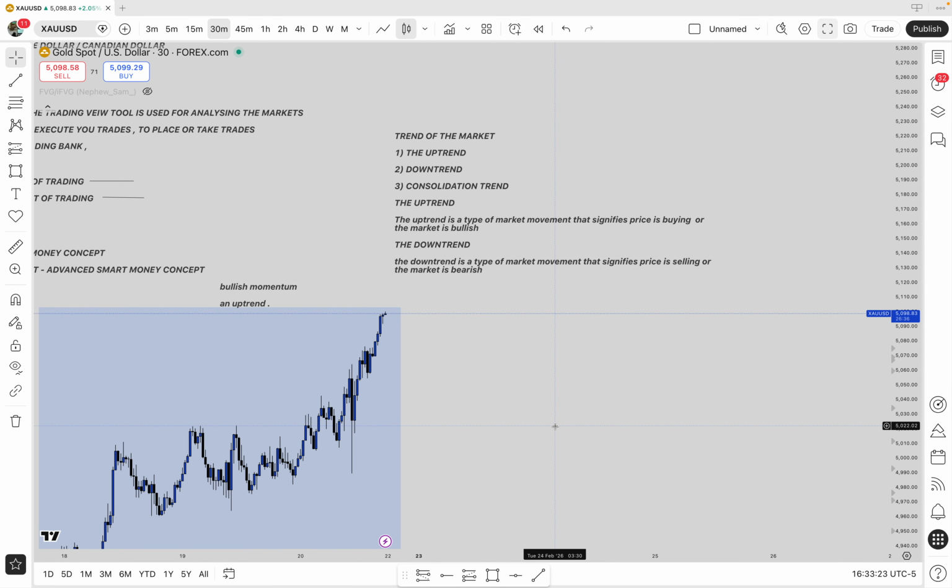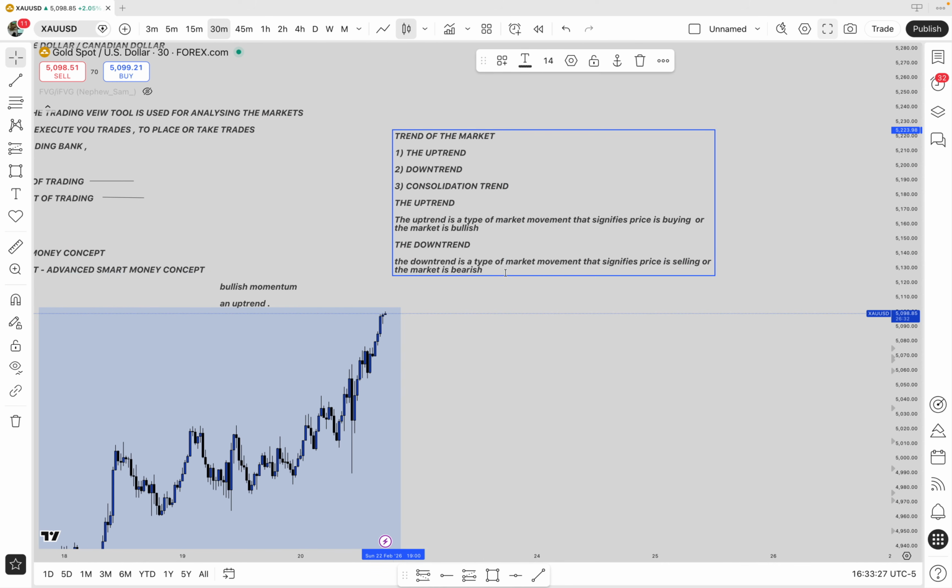So that's the usefulness. Now, another type of trend is the consolidation movement. Now, what's the consolidation trend all about?